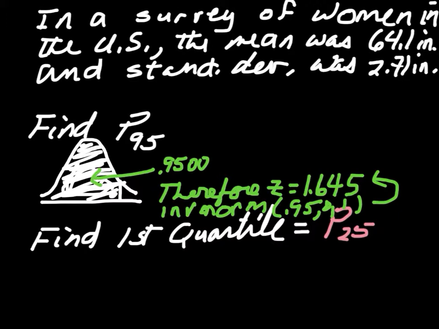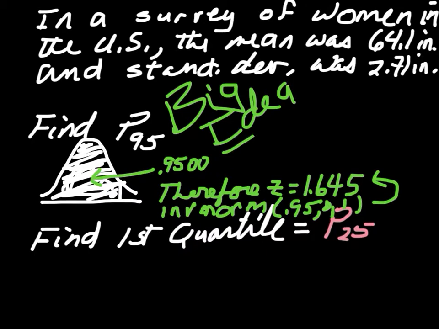And this is an important idea. This is the big idea of this lesson. And so listen carefully as you watch this video to what I'm about to say. The 1.645 represents how many standard deviations away from the mean the 95th percentile is.